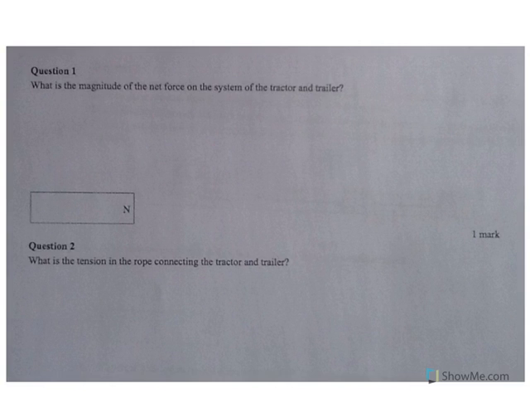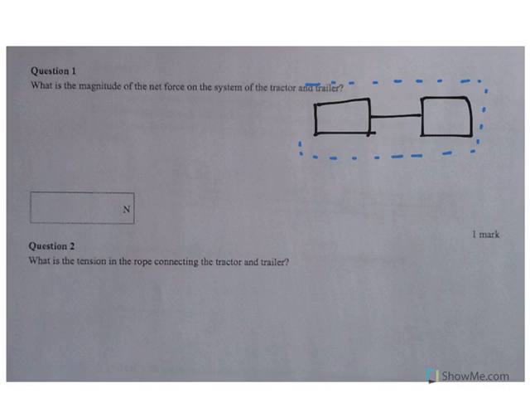We'll make it as simple as we can. So we have a tractor and a trailer, and that's a whole system. And that whole system is accelerating at 0.5 meters per second squared.